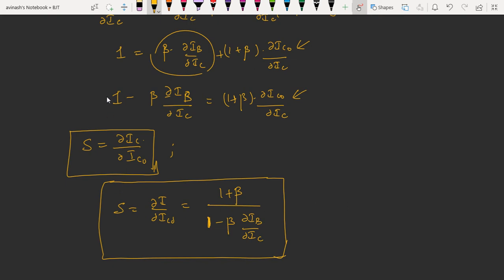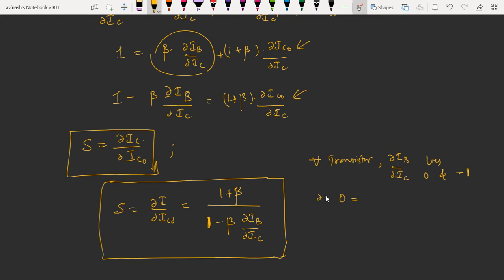For any transistor, this dou IB by dou IC lies between 0 and minus 1. So what does 0 indicate?